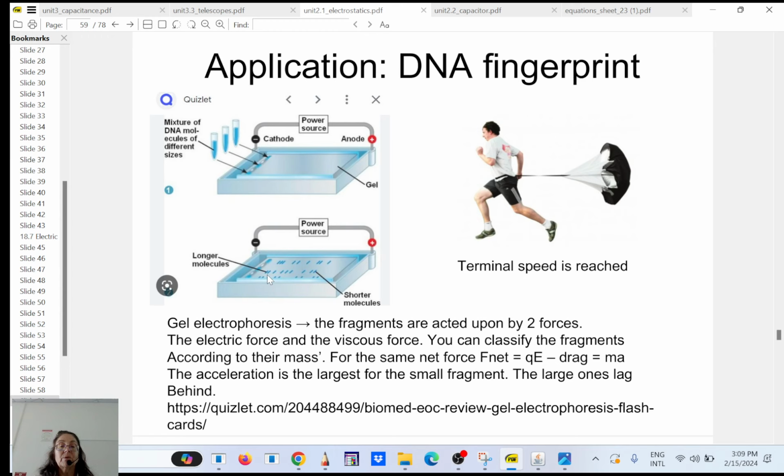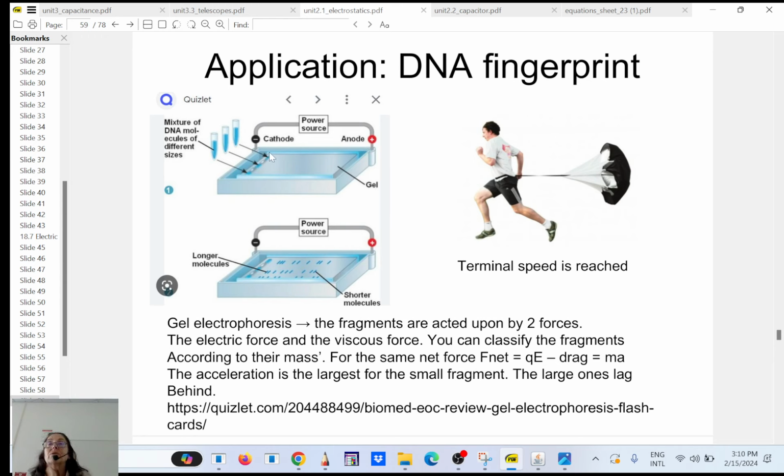So you have large fragments of DNA and small fragments of DNA. So you apply a voltage here. Since you are so good at biology, remember DNA is charged negatively, right? So it's negatively charged.